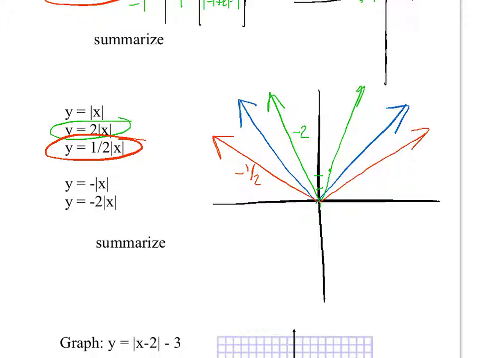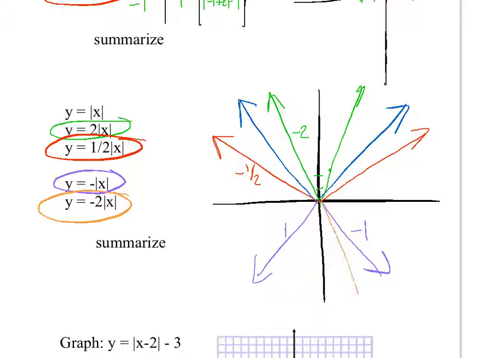And then for these negative ones down here, for negative x, it's going to be just like the blue one, flipped upside down. So here I have negative 1 for a slope, and over here I have a positive 1. So the slopes are going to be the same, just the opposite sign. And for the negative 2, it's going to be a pretty steep one going down. So this one would be negative 2, and this one would be a positive 2.